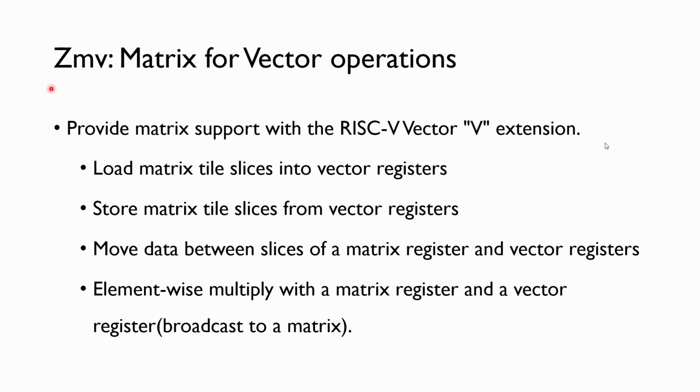Also, we can exchange data between vector registers and memory. Our extension also provides element-wise multiplying with a matrix register and a vector register by broadcasting a vector register to a matrix tile.